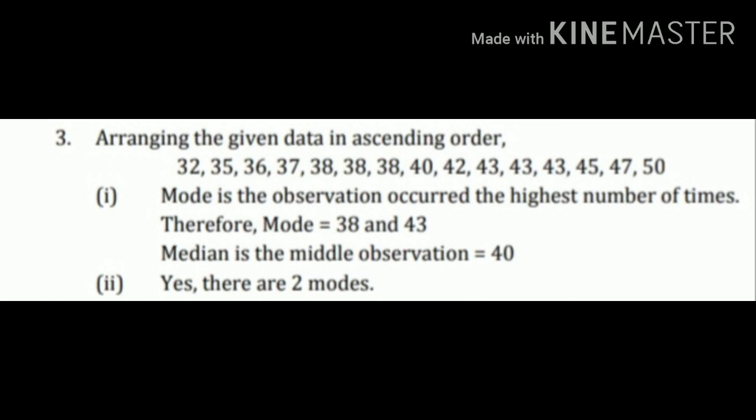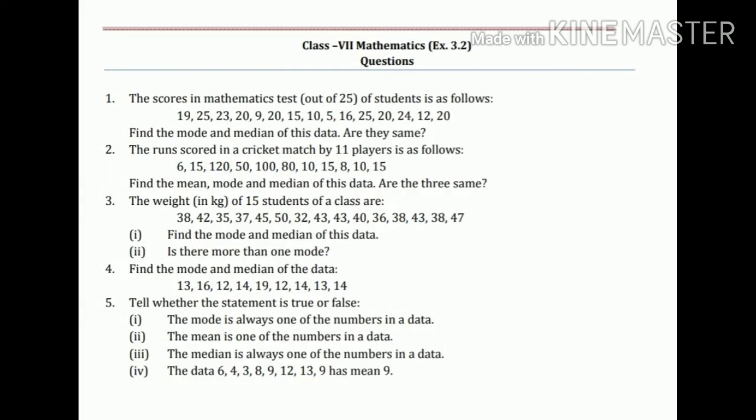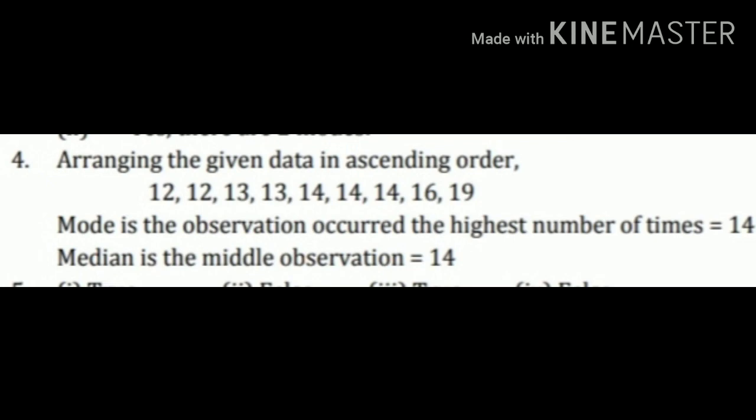The 8th observation is 40. And for the second part, you can say that there are a total of 2 modes in this question. Now the fourth question, to find the mode and median of this data, is very simple. Use the formulas and firstly arrange them in ascending order, then determine the mode and the median. You'll find 14 is the mode and the median as well.